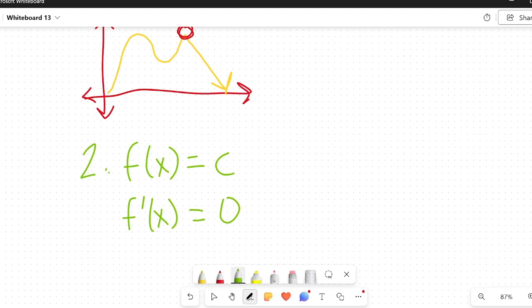If you think about it, a derivative is slope. So if f of x equals c, that's a horizontal line, and the slope is going to be 0 at all points. So f prime of x equals 0. This is going to be the first rule.